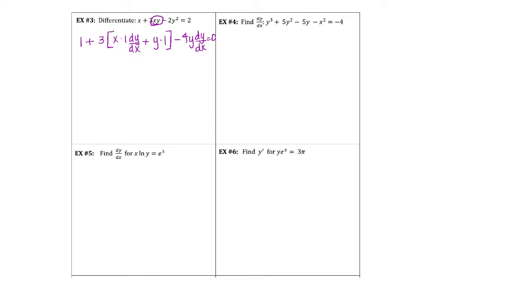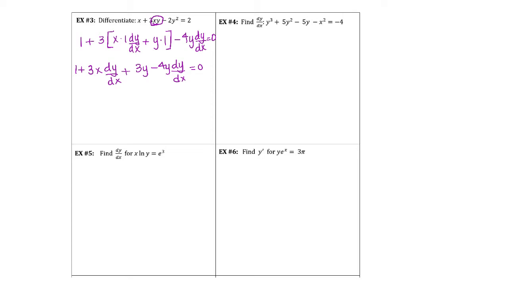All right, so here we are going to distribute that 3 through, so I have 1 plus 3x dy/dx plus 3y minus 4y dy/dx equals 0.